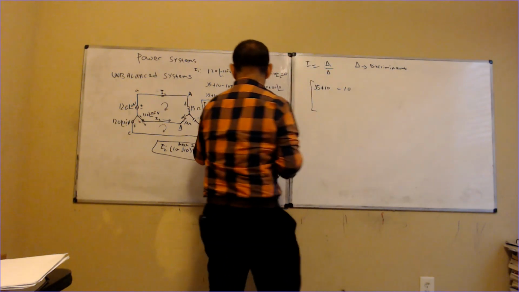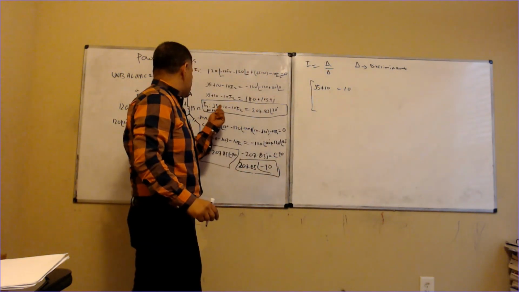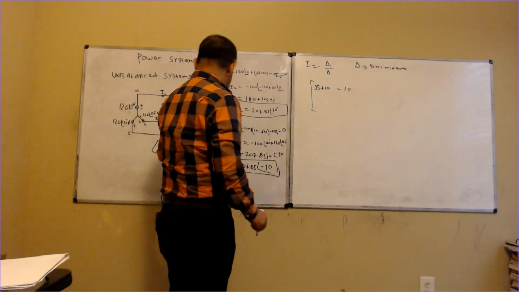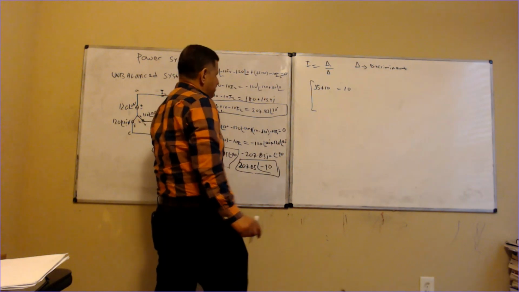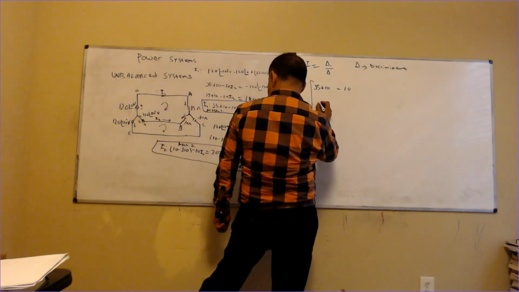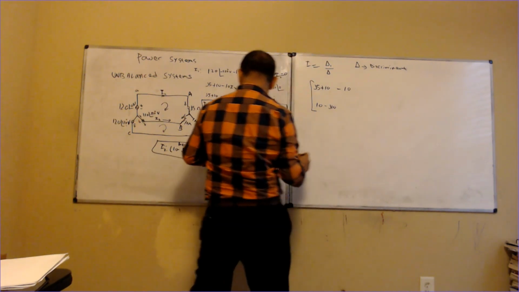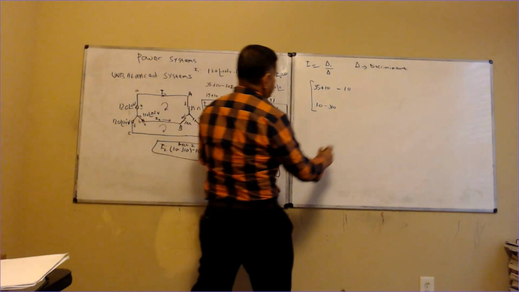I just put the coefficient of this. Of course, this is a complex number, so I have to put the whole thing. And then right here at the bottom, I have to put 10 minus J10. And then of course, this is a minus 10.